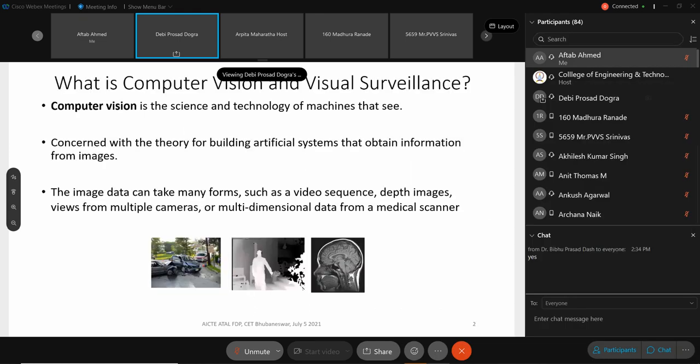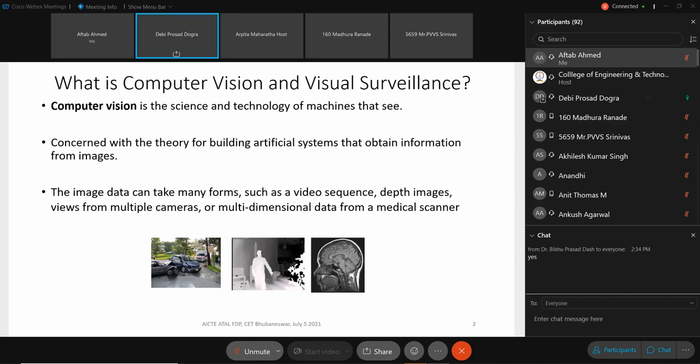Now, let us try to understand what computer vision and visual surveillance are. If we define computer vision academically, it is basically the science and technology of machines that see. We are concerned with the theory for building artificial systems that obtain information from images. Now, what kind of images?